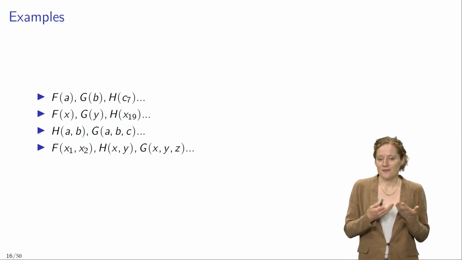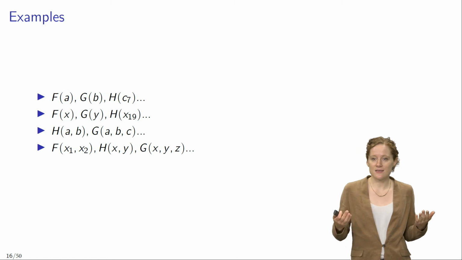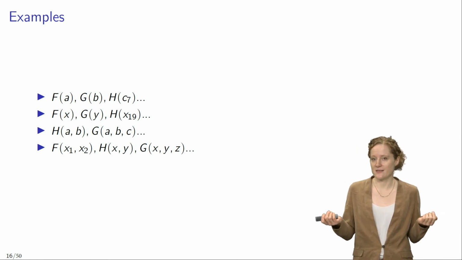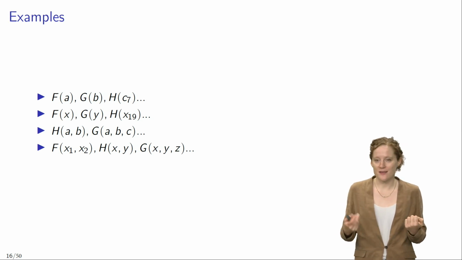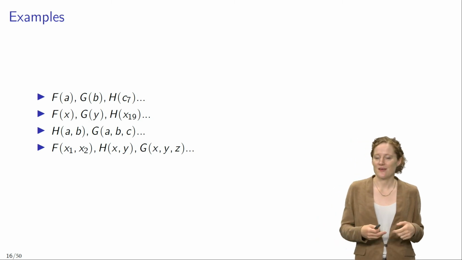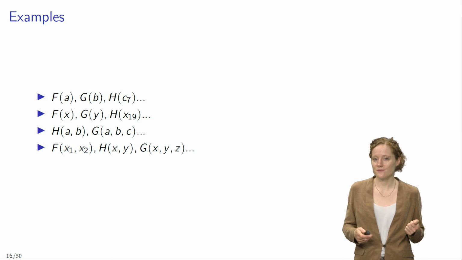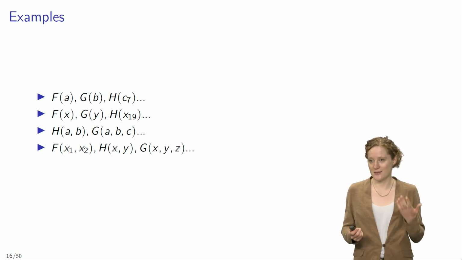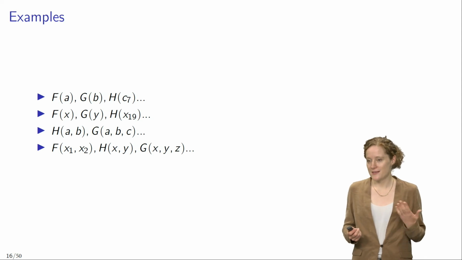Furthermore, formulas such as H, a b, or G, a b c, they are also atomic formulas. So here I've taken first a two-place predicate and applied it to two terms, and then secondly a three-place predicate and applied it to three terms. And the result of this is an atomic formula. I can also do this using variables. So F, x1, x2 is an atomic formula.